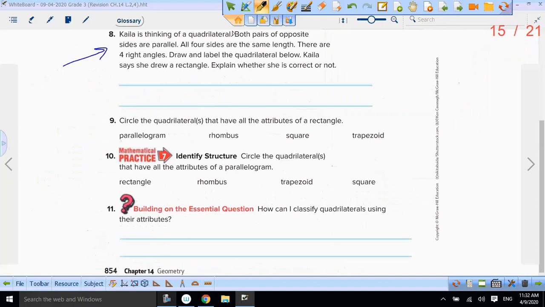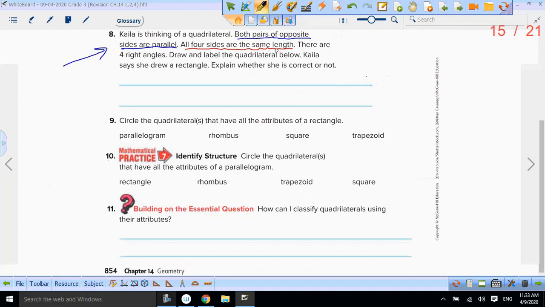Okay, now the same page, this example. Kind of thinking of quadrilateral. Both pairs of opposite sides are parallel. All 4 sides are the same length. Till now, it is what? Till now, it is rhombus.